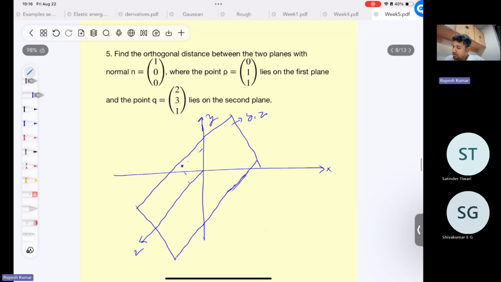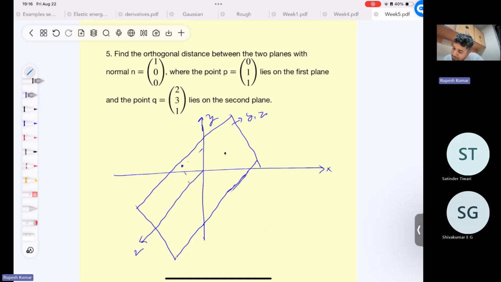Now the second plane is again a plane that passes through the point 2, 3, 1. So let's plot the point 2, 3, 1, it will lie somewhere here. So let me use the black pen here. So this is the point 2, 3, 1. And again, this plane has a normal in the direction 1, 0, 0 along the x-axis, right?